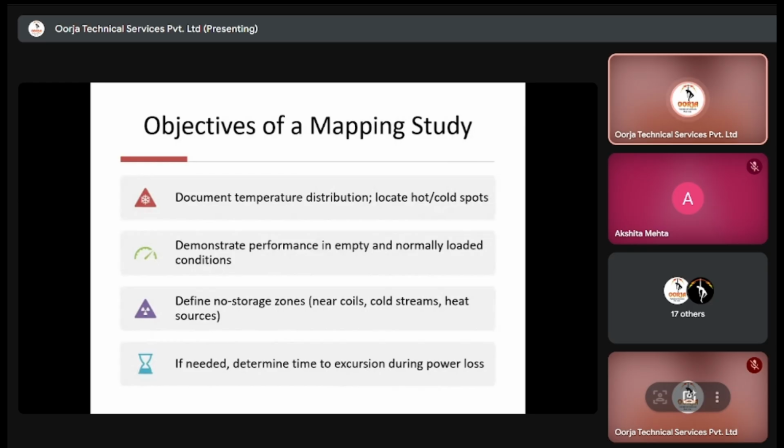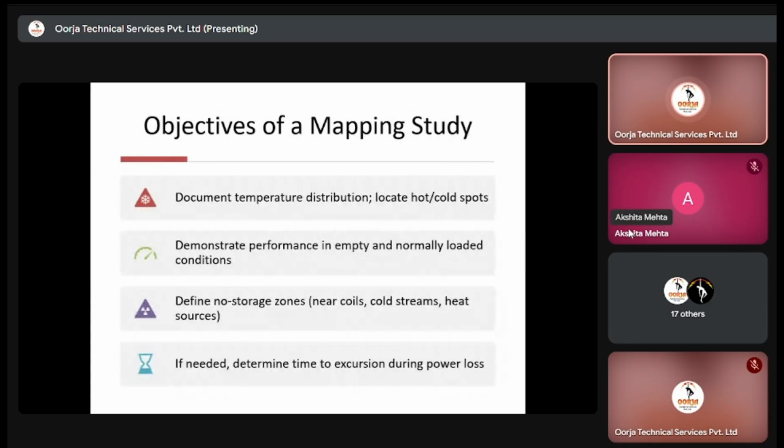So in that case, the temperature distribution differs. That's why we need to study the temperature distribution in both empty and loaded conditions, right?